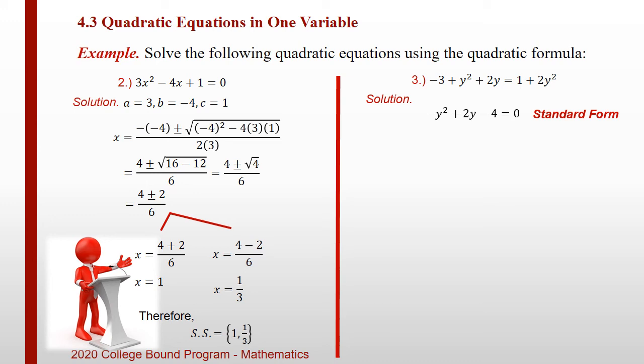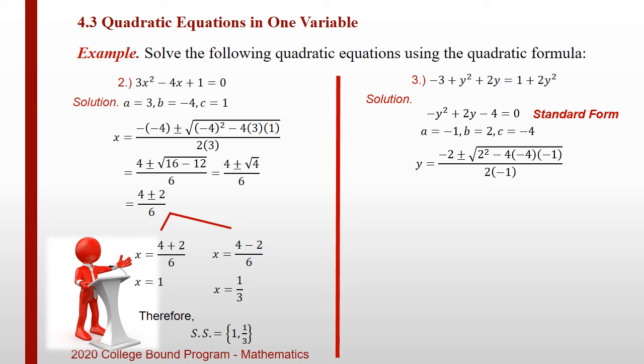From here, we see that a equals negative 1, b equals 2, and c equals negative 4. The quadratic formula then gives us y equals negative 2 plus and minus the square root of 2 squared minus 4 times negative 4 times negative 1 all over 2 times negative 1.